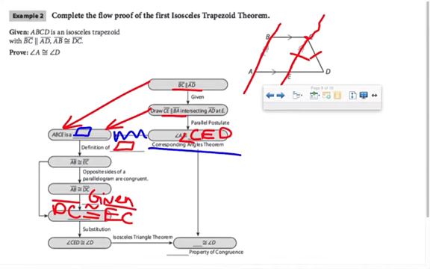So because of the isosceles triangle theorem, I'm allowed to say that angle CED is congruent to angle D. But hold on a minute. A while back, I said that angle A was congruent to CED. So this statement here and this statement, their arrows are going in the right place, because now I'm allowed to say that angle A is congruent to angle D because of the transitive property of congruence.